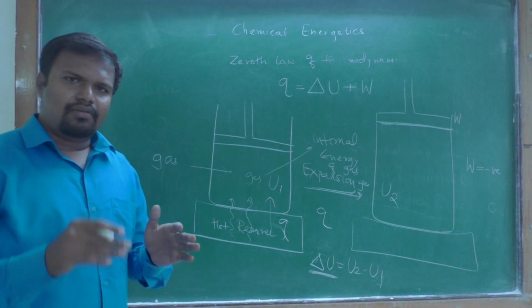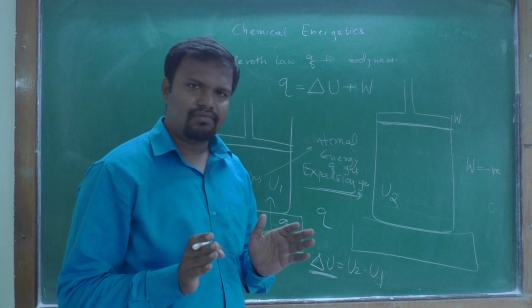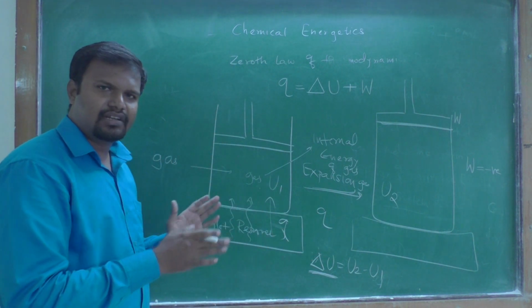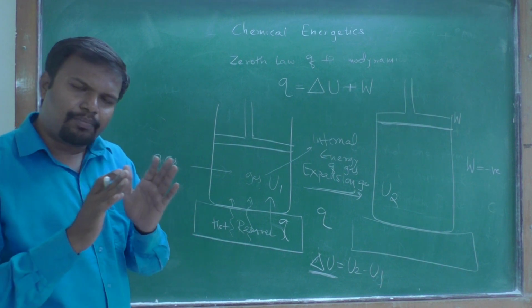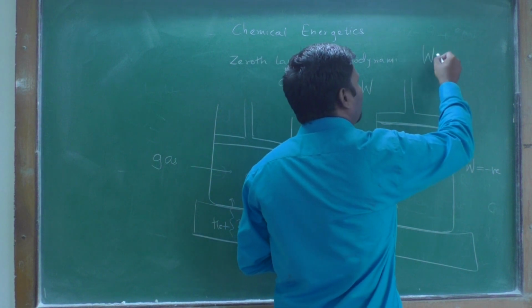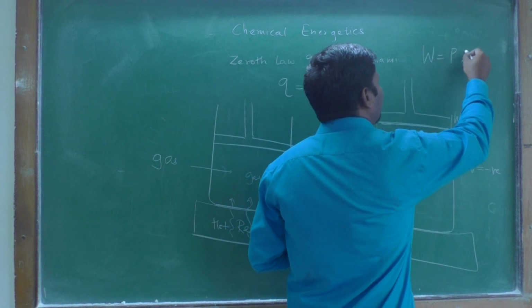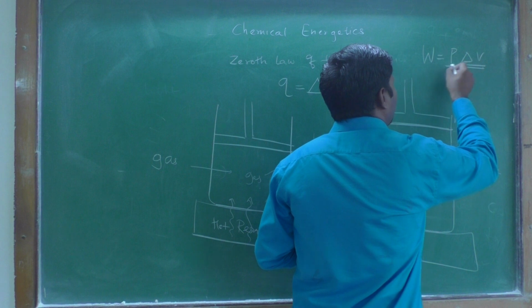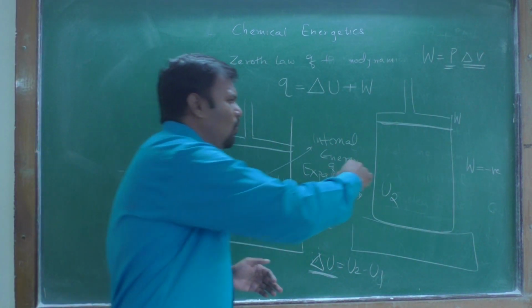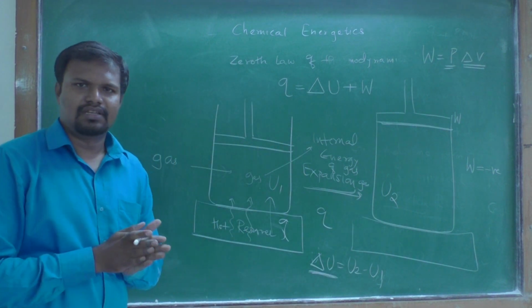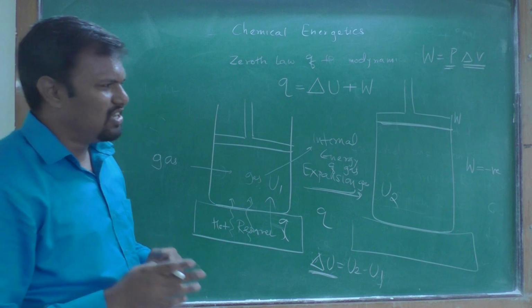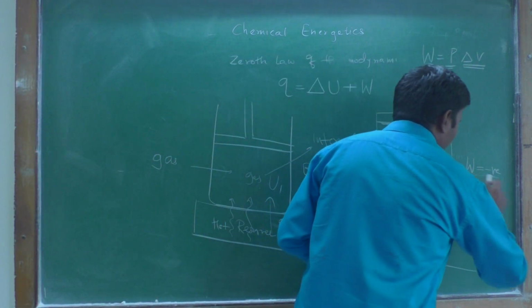When there is a container with a piston, there is a formula with pressure and volume. You remember this formula? W is equal to P into delta V. Pressure into change in volume gives the work done. But this work done is negative because expansion of gas takes place.